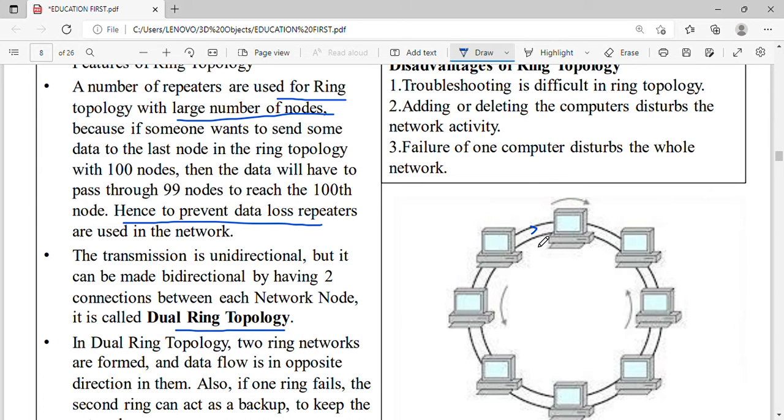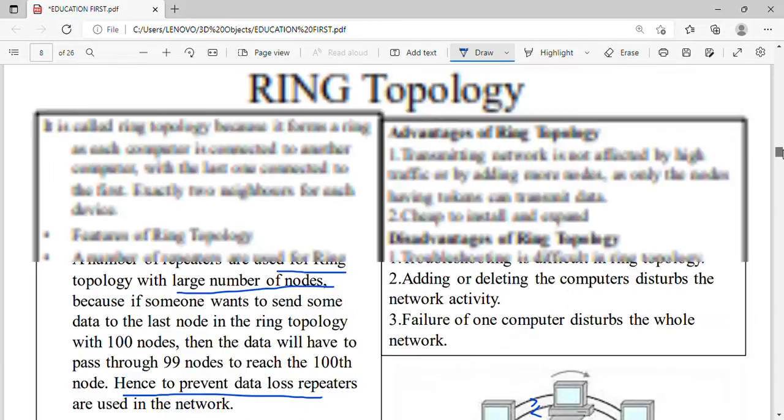To make it bidirectional, we have to make it a combination of two ring topologies. In the dual ring topology, two ring networks are formed and the data flows in opposite directions in them. Also, if one ring fails, the second ring can act as a backup to keep the network up.